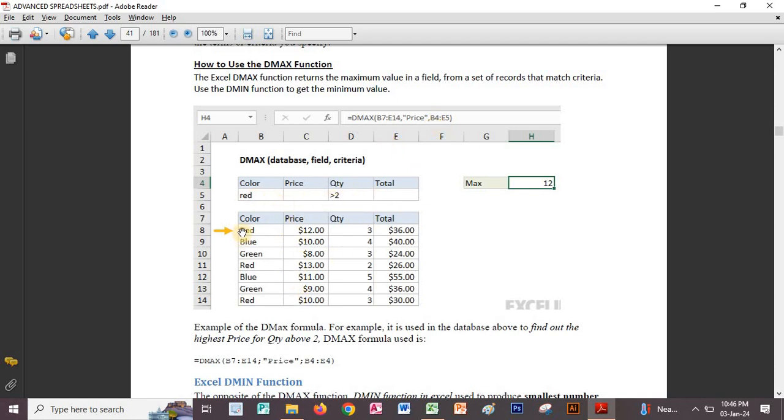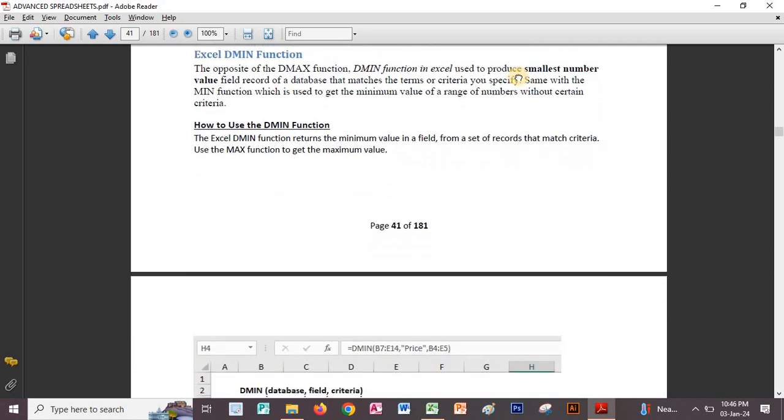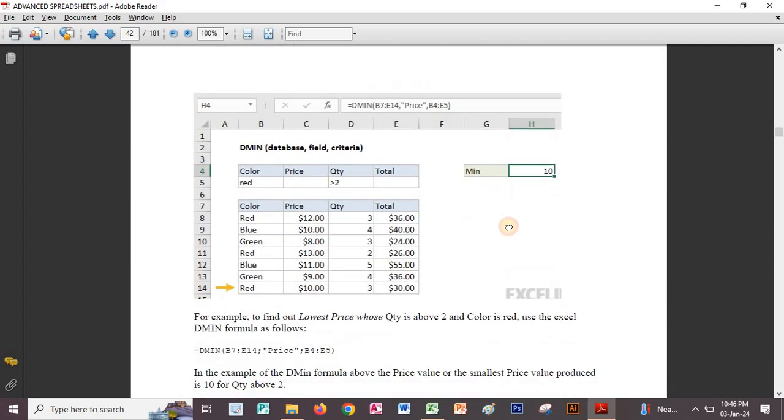So that is red and greater than 2. We have only 2 of them that are matching that, and the one that is maximum out of these 2 that are red and greater than 2 is 12. So it is working for us well. DMIN is exactly like maximum.